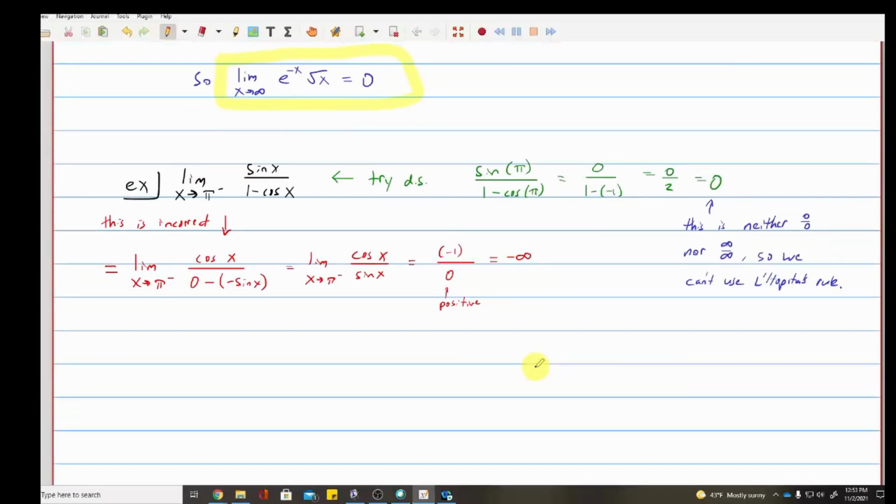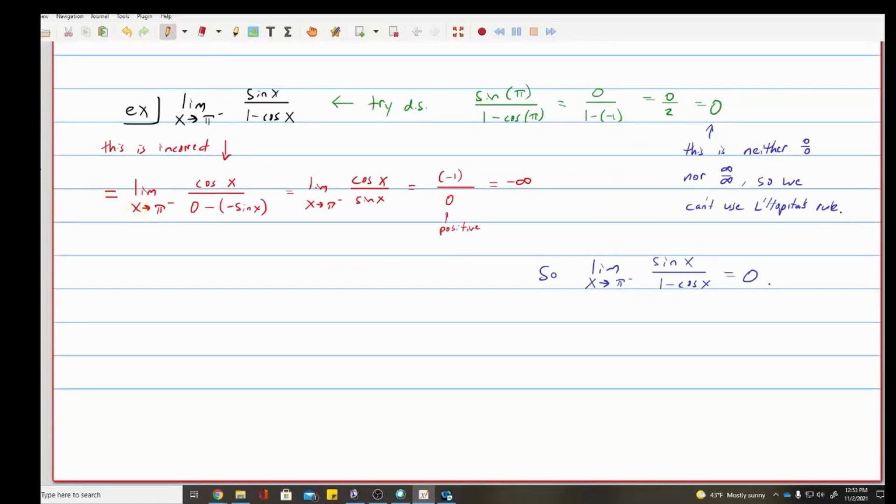Do we have a 0 over 0 or an infinity over infinity? So the limit as x goes to pi from the left, and it'd be the same from the right, of sine of x over 1 minus cosine of x is equal to 0. If you use L'Hopital's rule, you get negative infinity, and that's incorrect. Okay, again, always double check. Make sure that you're allowed to use it first.